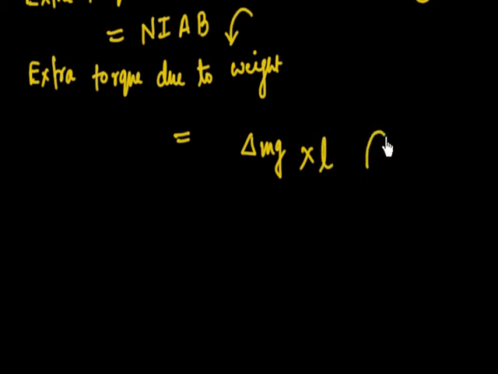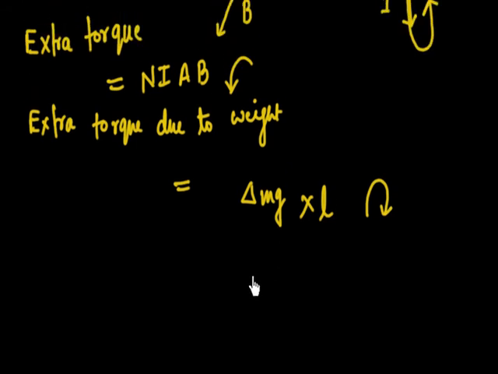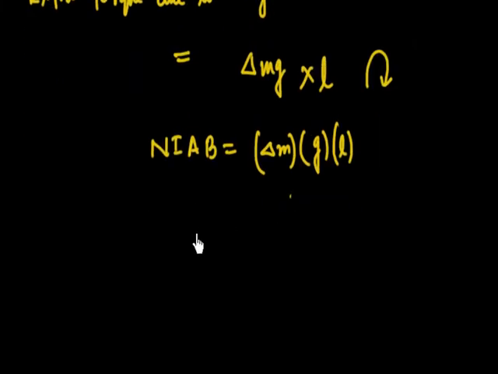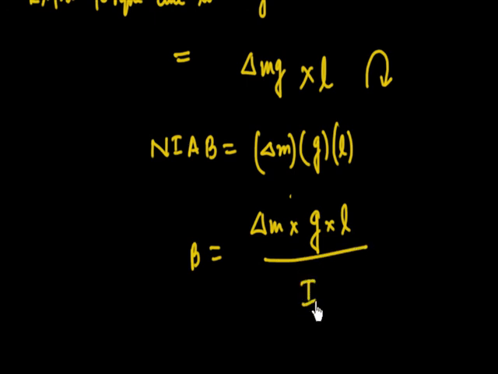You see this torque is in this direction. So I have to equate these two torques. NIAB is equal to delta M into Z into L. So I can calculate from here what is the B. B is nothing but delta M multiplied by Z multiplied by L, divided by I times A. I have to have N also, so the number of turns will also come here.